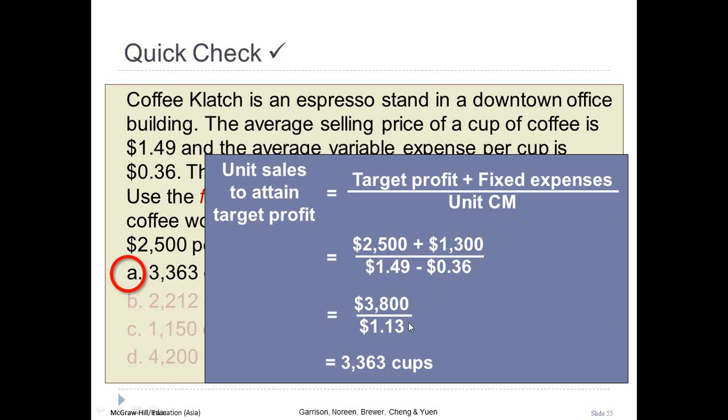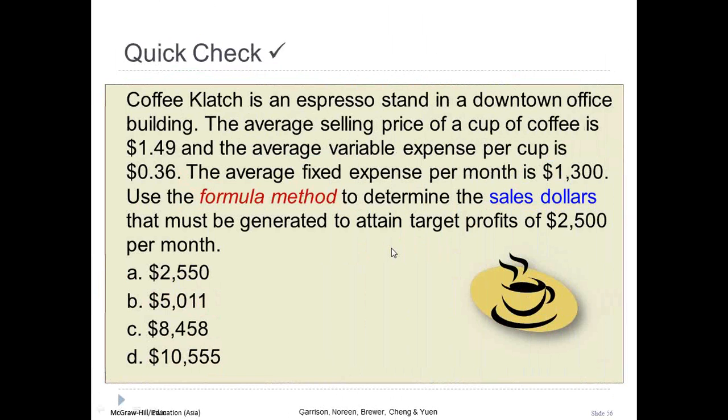So we have $3,800 on top, divided by $1.13. 3,363 cups is what we need to achieve our target profit of $2,500. Now, let's look at another example using the formula method.